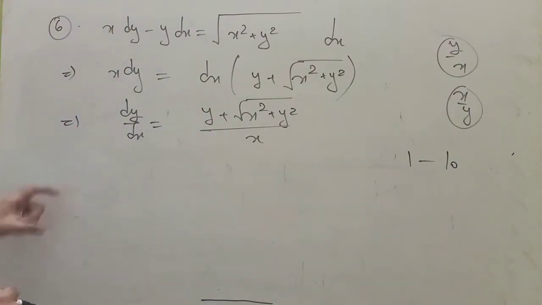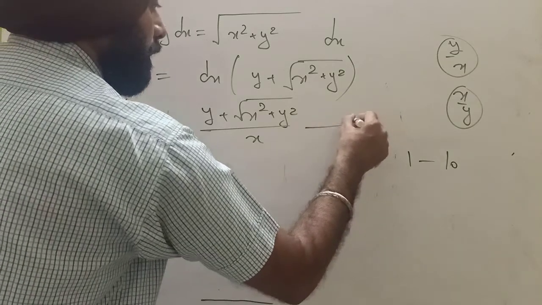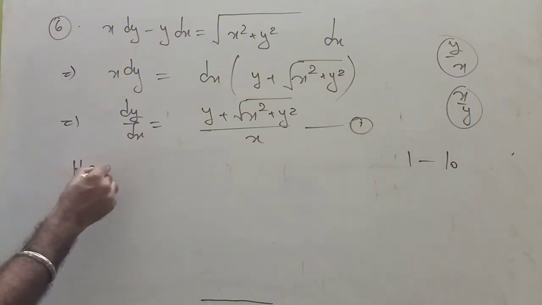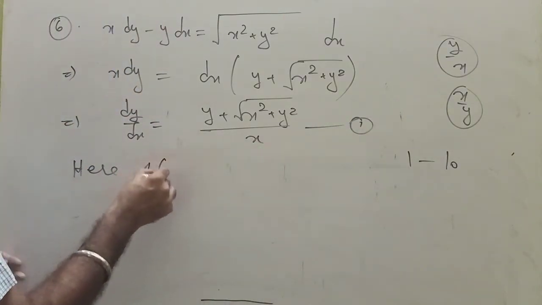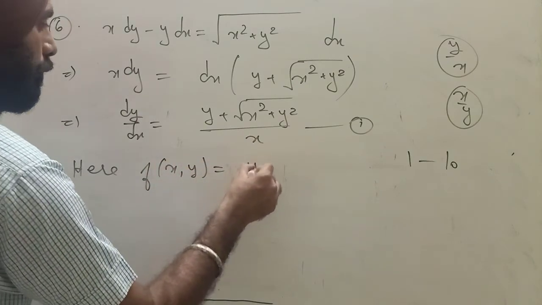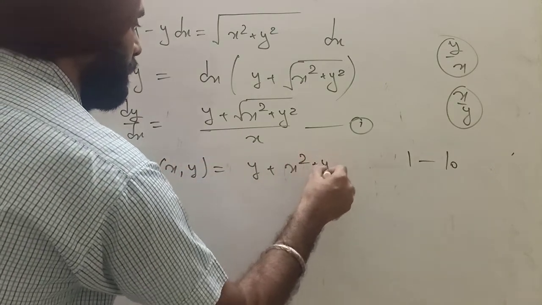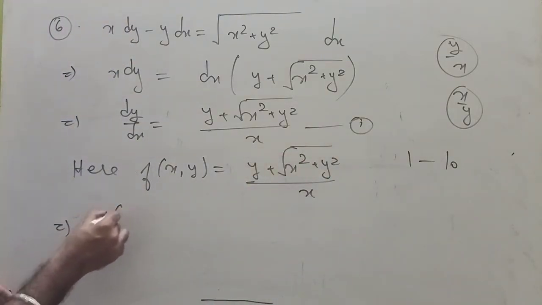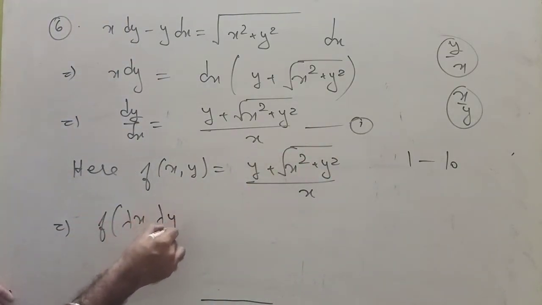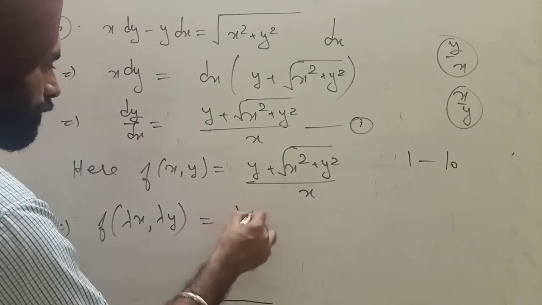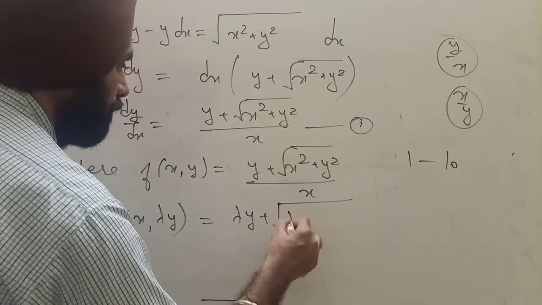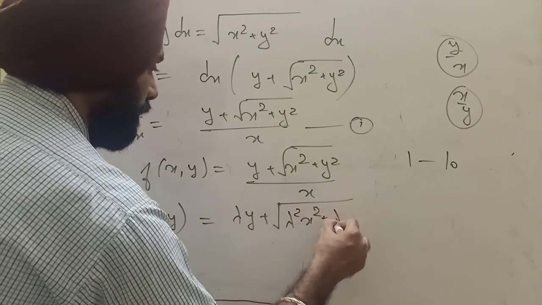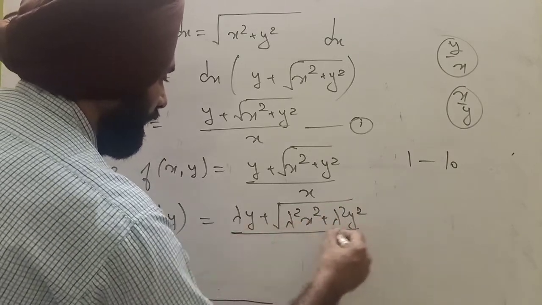For proving, first of all, after this step, here this is f of x y is equal to y plus under root of x square plus y square by x. Replace x by lambda x and y by lambda y. So lambda y plus under root of lambda square x square plus lambda square y square by lambda x.